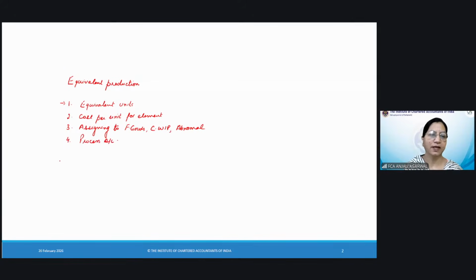So these can be done using FIFO, LIFO, and weighted average, but we will follow FIFO or weighted average. In the last session, we had discussed the question and we solved it using FIFO method. In the weighted average method, there are a few differences. So we will take up the same question today and continue solving it through weighted average method.